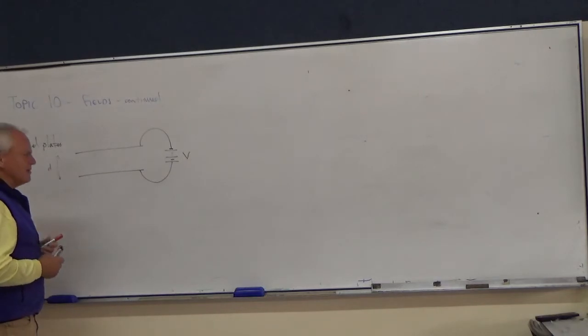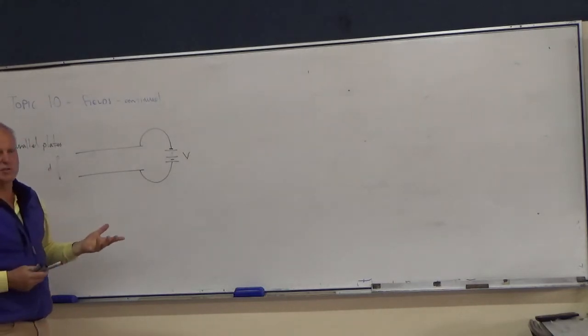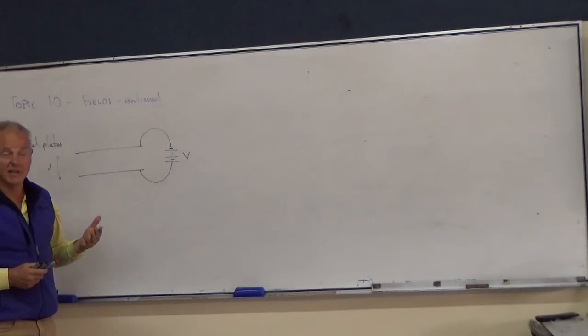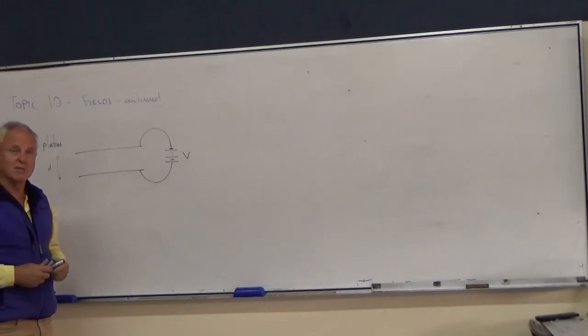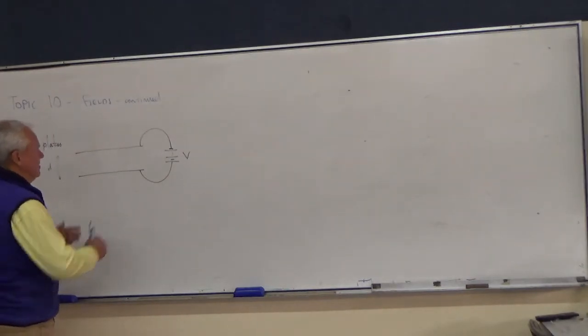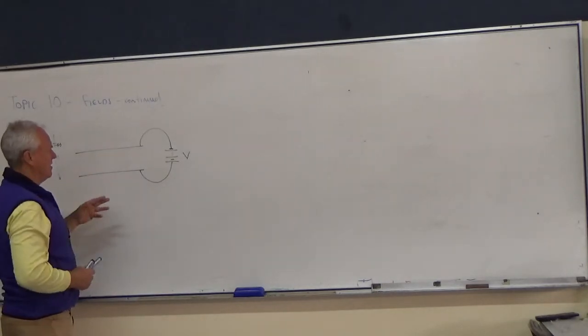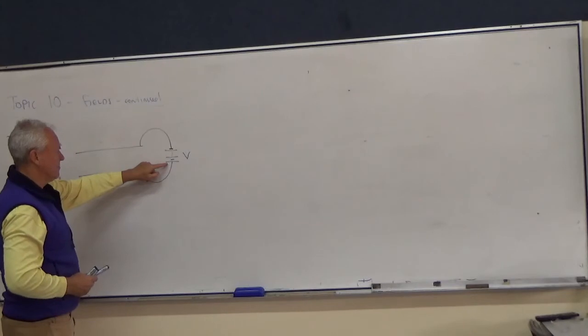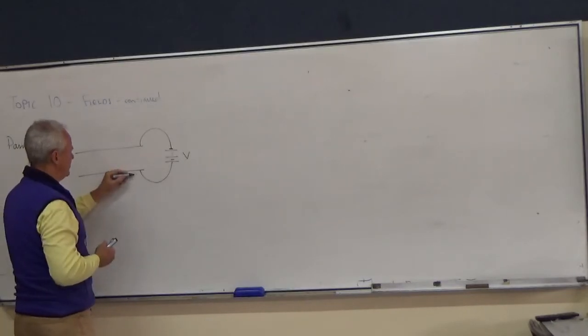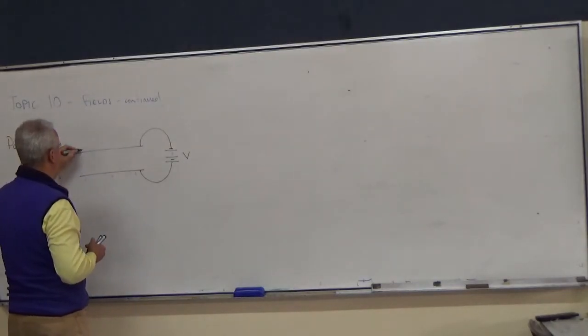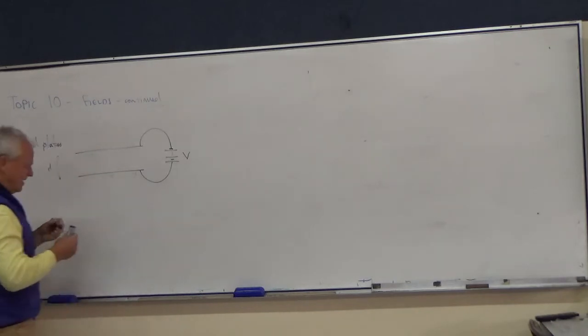The electric field, a really common question is to draw the electric field lines between parallel plates. I can arrange the plates like that. So this is the positive terminal, so we'll have our positive plate here and therefore our negative plate here.